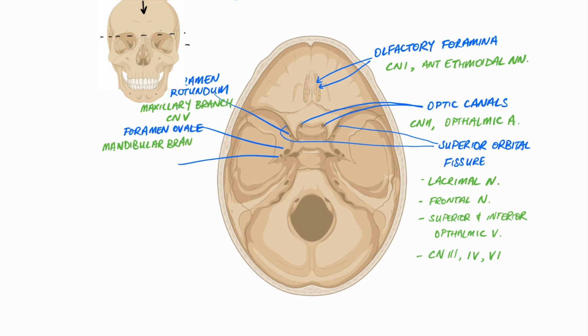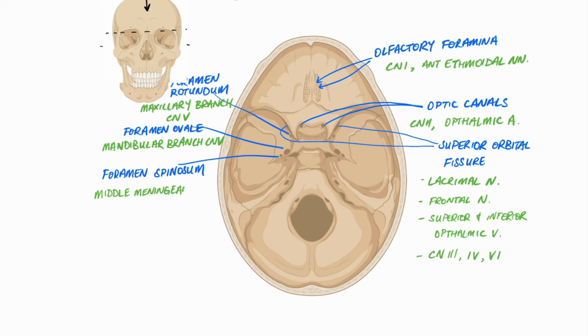And then we once again see the foramen ovale at the base of the greater wing of the sphenoid, transmitting the mandibular branch of the trigeminal nerve, which makes sense if you get to see it in a skull. The foramen rotundum actually does sit a little bit more superiorly, whilst the ovale sits a little bit more inferiorly, and that would make sense because the maxilla and the mandible are going to sit on top of and underneath, respectively. So that makes sense to me.